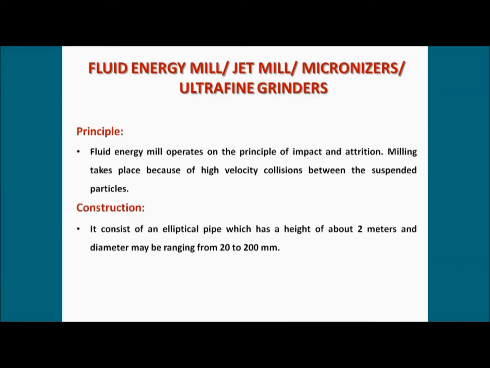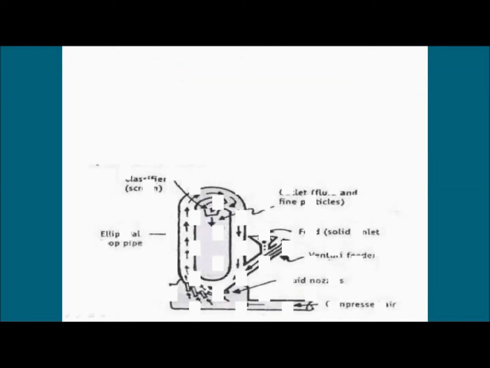So the construction: it consists of an elliptical pipe, which has a height of about 2 meters and a diameter ranging from 20 to 200 millimeters. So this is the mill. Here you can find there is a venturi feeder, and here also you have a feed.